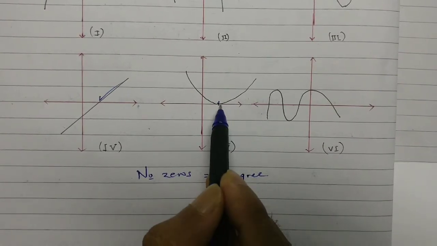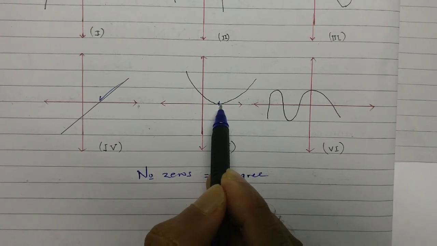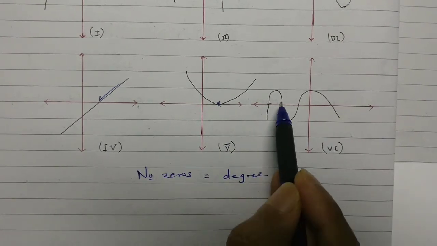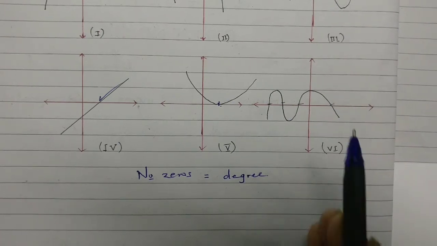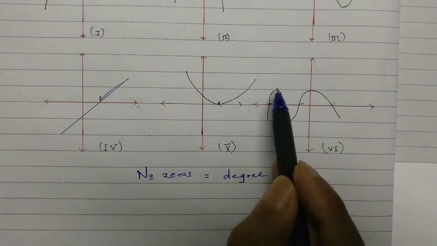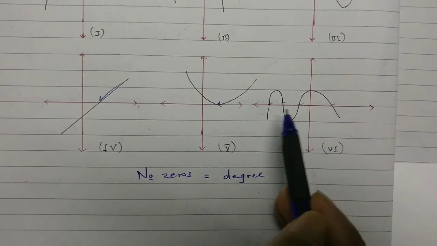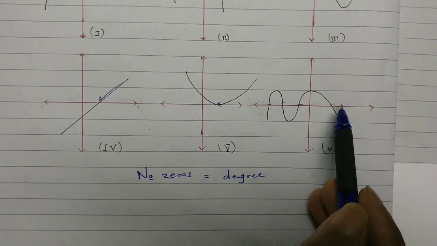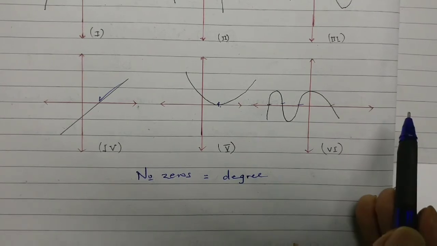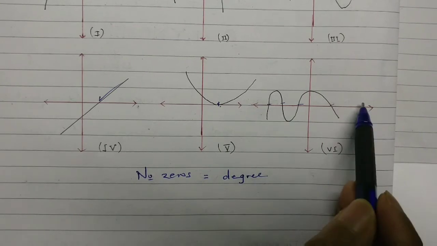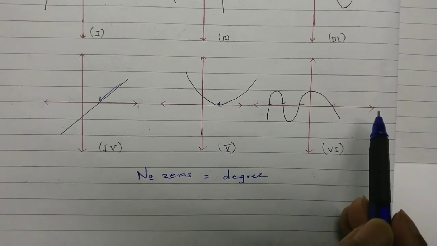That means my degree of the polynomial is 1. Here it cuts the x-axis once, twice, thrice and 4 times. That means my degree of this polynomial is 4. Also, the number of zeros of the polynomial is 4 because 4 zeros are possible. Not that the number is 4, but there are 4 zeros for that polynomial.